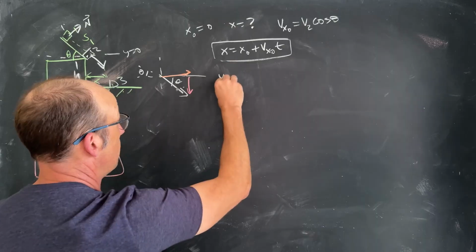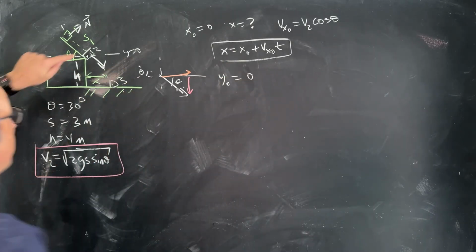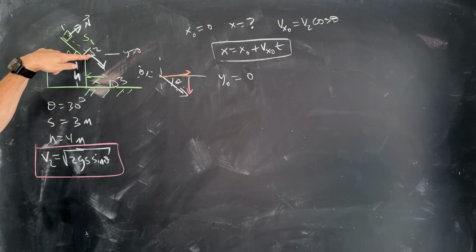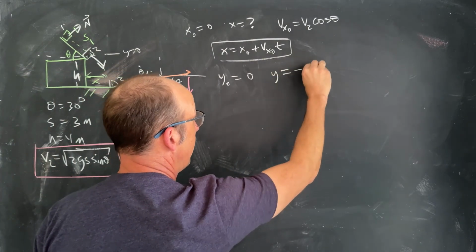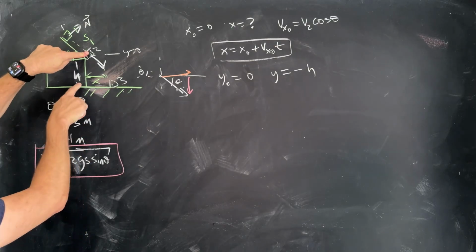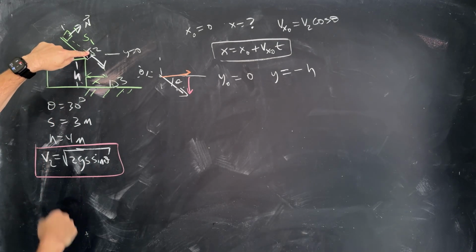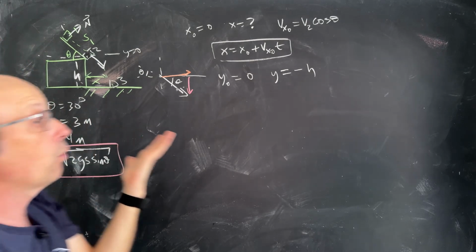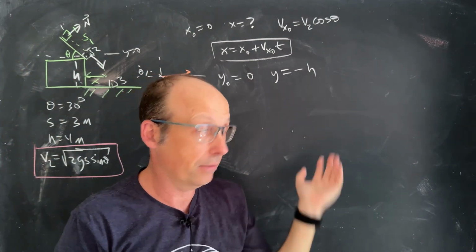Now, in the y direction, I can put a box around that. In the y direction, my initial y position is 0, because I chose that as my origin. Now, my final y position is negative h, right? Because going from here down to there is a distance h, but it's in the negative direction. So I'm starting at 0 and ending at negative h, which is the same as starting at h and ending at 0, right?